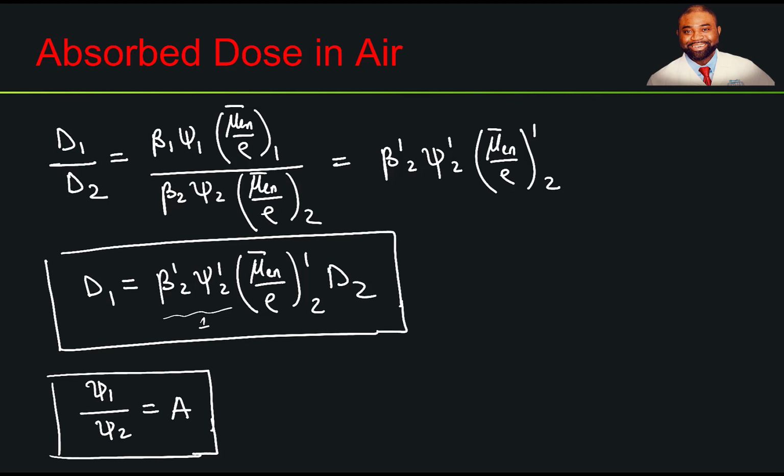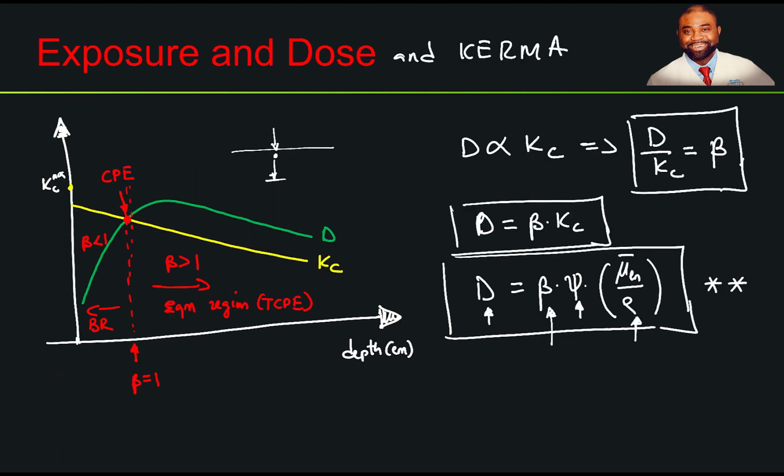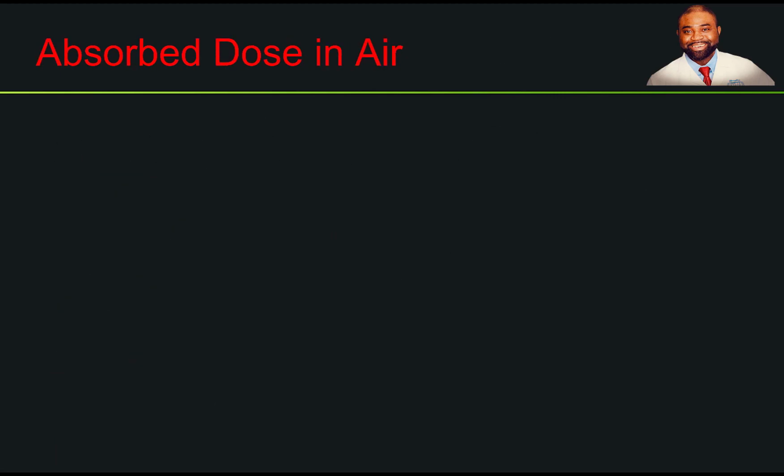What if we then want to determine the absorbed dose in air? The absorbed dose in air will be equal to beta multiplied by the collision KERMA in air.